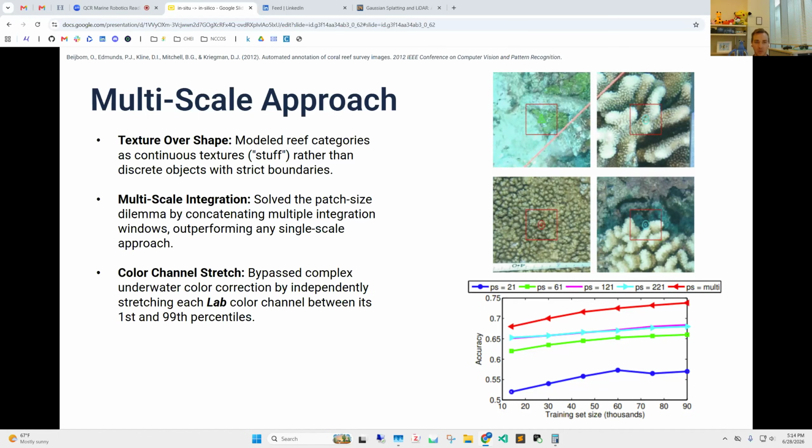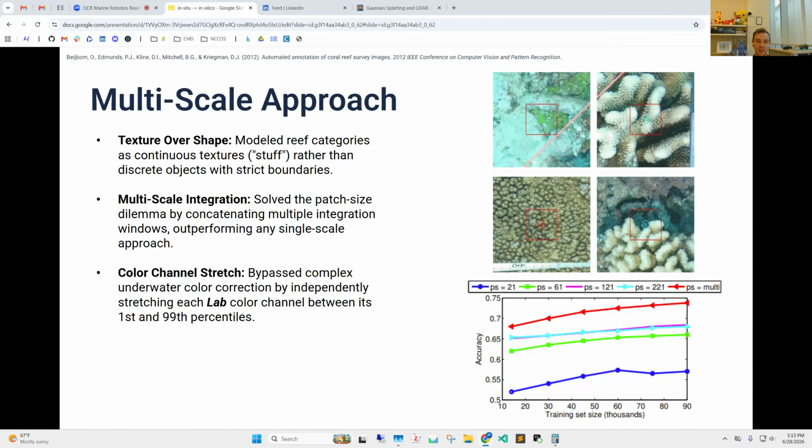He and his team recognized that downward facing 2D images of reefs and reef classes often lack clean edges. If you look at coral images, there's a lot of fuzzy boundary in between. And more often than not, it's more about texture, more about stuff rather than things, which is real terminology in computer vision.